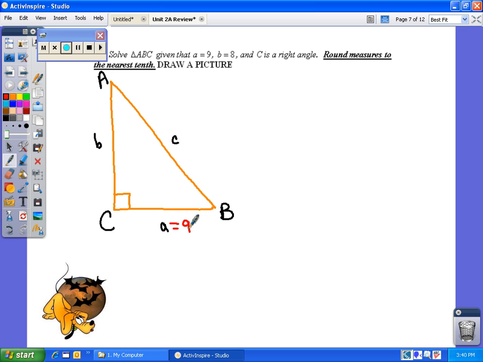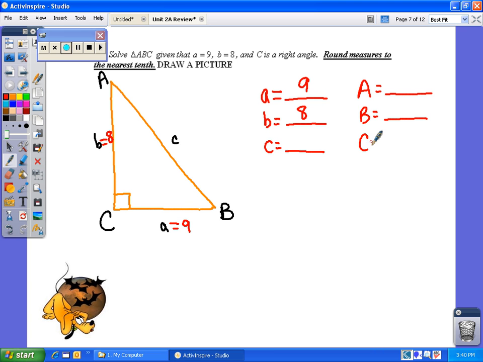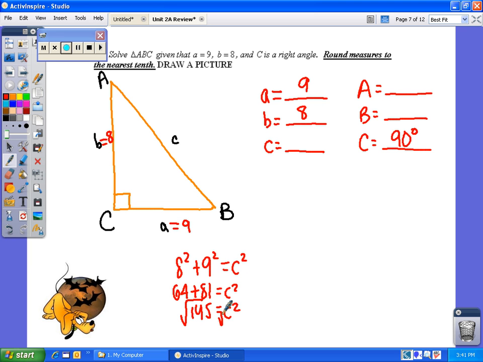A is 9, and B is 8, which means we need to do Pythagorean theorem to find C. Okay, so we do 8 squared plus 9 squared equals c squared. 64 plus 81 equals c squared. 145 equals c squared, square root of 145. C equals the square root of 145.